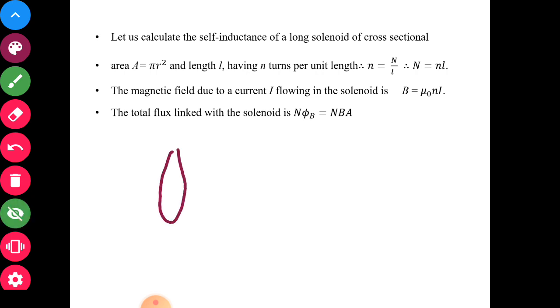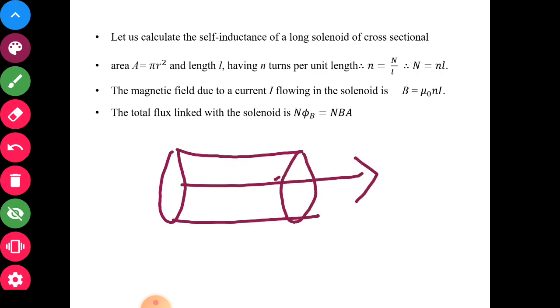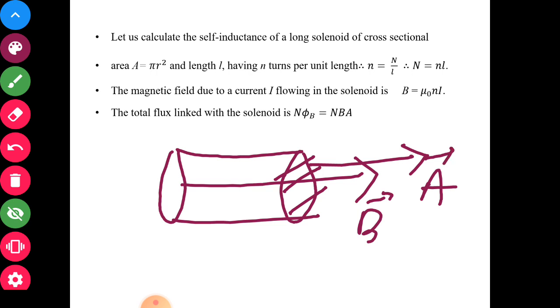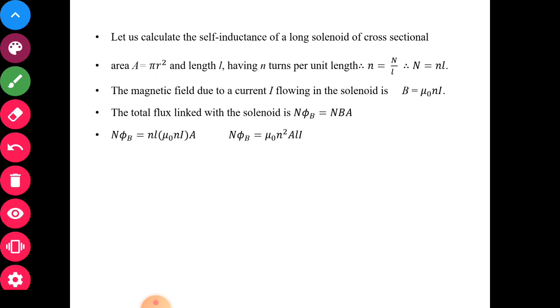All these things you must understand. The magnetic field is in this direction, and the area vector of this cross section is also in the same direction. The dot product gives BA cos 0, which becomes 1. So the total flux N phi B, where phi is BA cos 0, multiplied by the number of turns in the solenoid, becomes NBA.